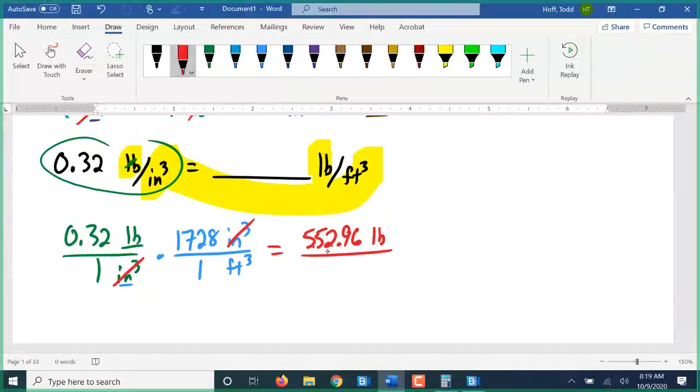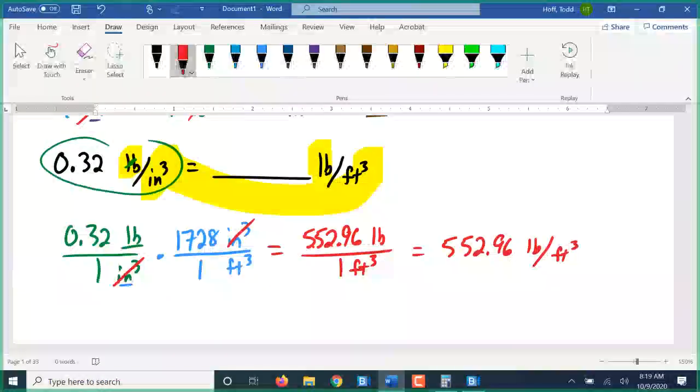On bottom we've got 1 times 1, which is just 1 cubic foot. Well, it's already a 1 on bottom, so there's nothing to divide out there. So it's 552.96 pounds per cubic foot. By the way, most of your woods range between 40 and 60 pounds per cubic foot. That's a pretty dense material there at 550 pounds per cubic foot.